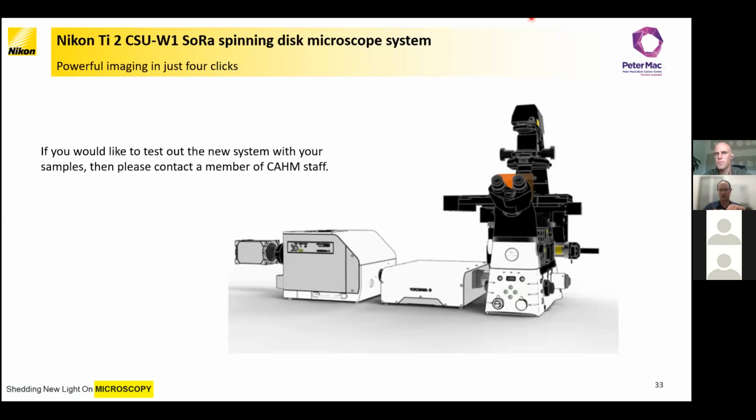So you've got standard 6 channels with filters to match, for DAPI, FITC, TRITC, Cy5, YFP, CFP. I brought it up because I figured someone might ask.